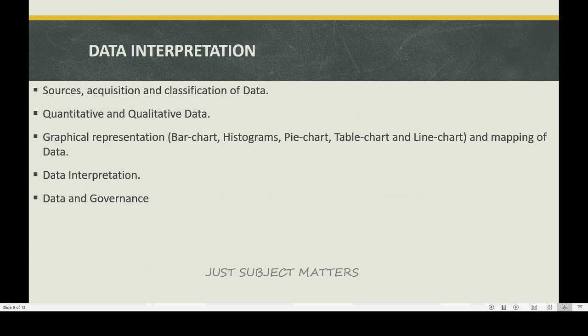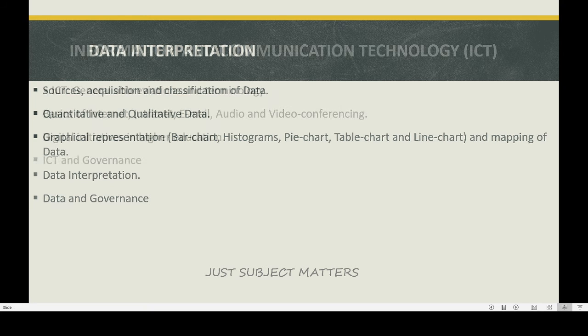So obviously the source or the classifications of data, then the quantitative or qualitative data, be it a geographical representation, they would be giving you a table chart or a bar chart or a pie chart, and they might question depending on the diagram that is given, and they might ask you for some data interpretations and data and governance, and also a few calculations may be asked, like on viewing these bar charts and all. So this data interpretation also is a place where people tend to make mistakes, but it is a very easy chapter which will be covered later.